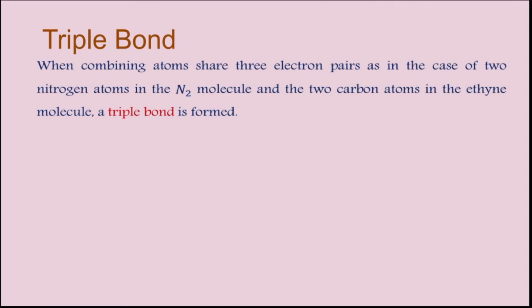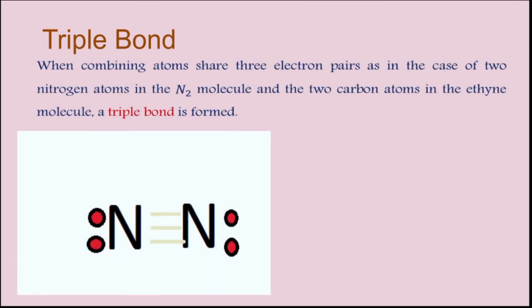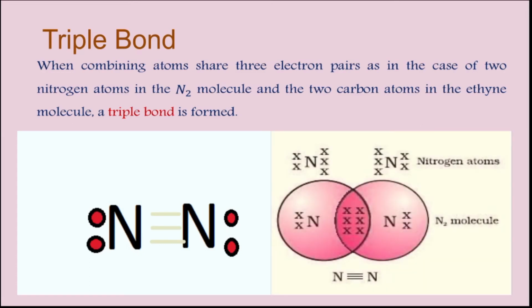Triple covalent bond. When combining atoms share 3 electron pairs, as in case of 2 nitrogen atoms in the N2 molecule and also 2 carbon atoms in ethyne molecule, they form a triple bond. So children, what is triple bond?